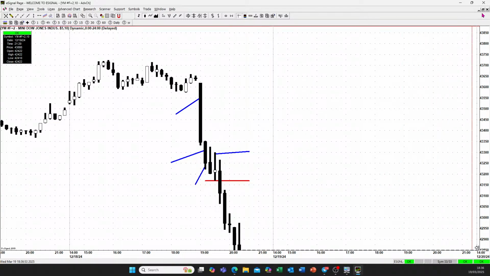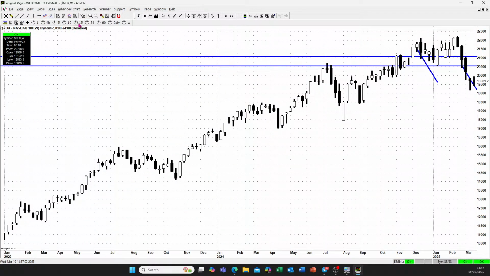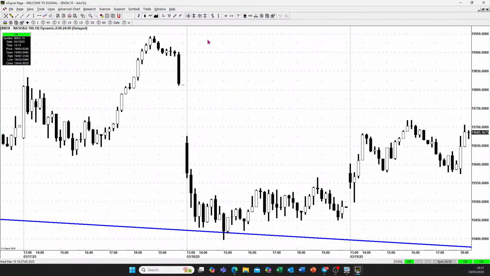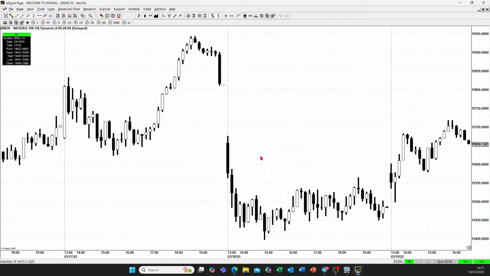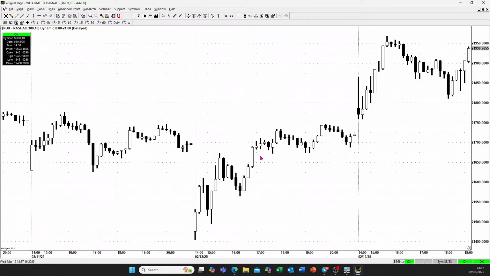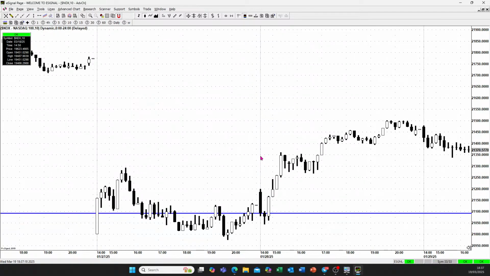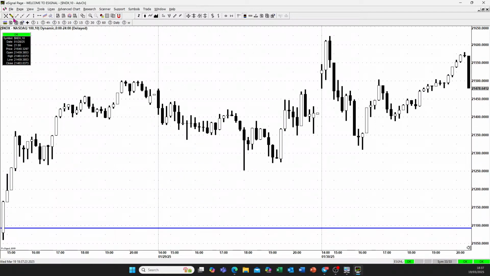We have 3 minutes to go. Does it work in, say, the Nasdaq? Well, let's have a look. We can just do the Nasdaq cash chart. And we look at the 29th of Jan. We probably have time for that. So here's the 29th of Jan.